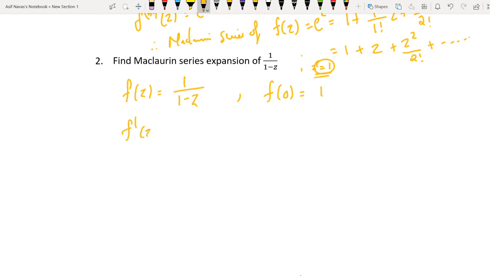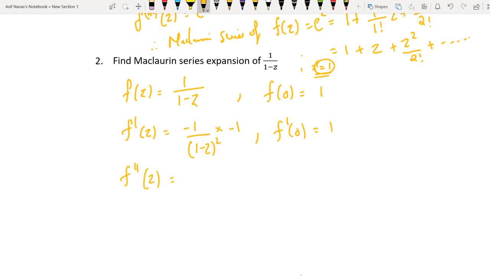Now you find f dash of z. The derivative of this is 1 by 1 minus z all square into the derivative of minus z, so f dash of 0 is again 1. Okay.